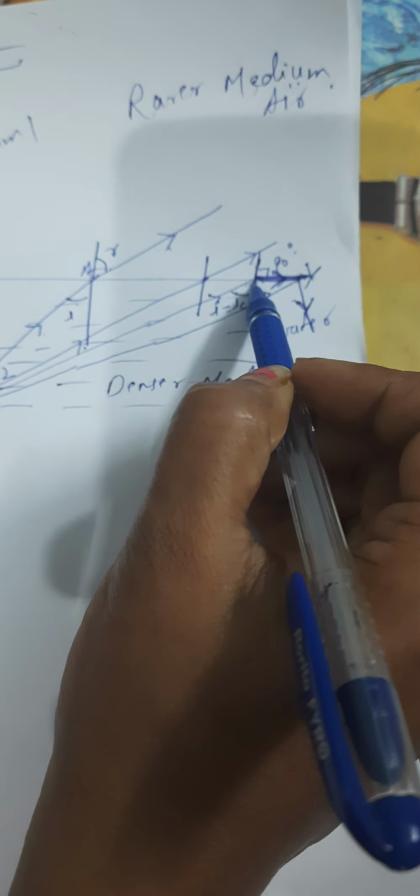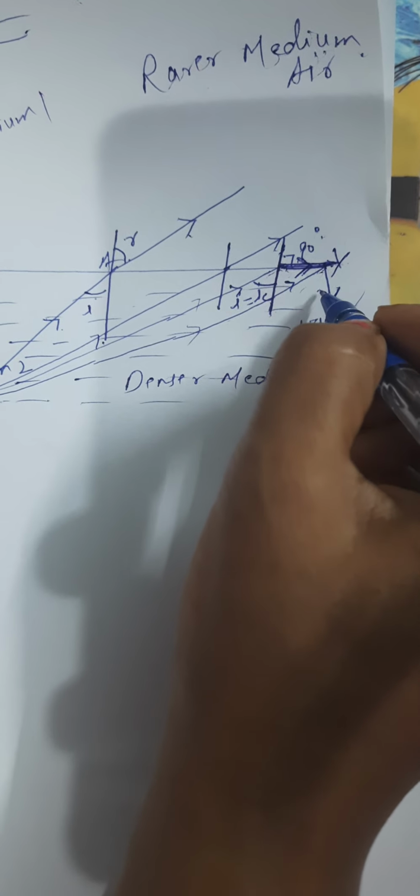Clear? And when the angle of incidence is further increased, the ray is not refracted, but it is totally internally reflected back in the denser medium. This process is called total internal reflection.